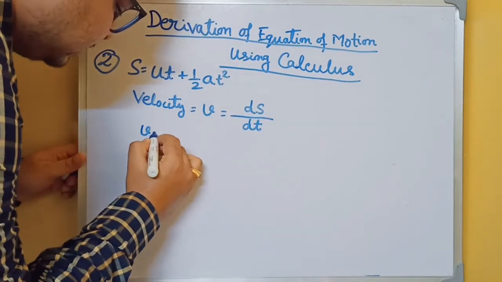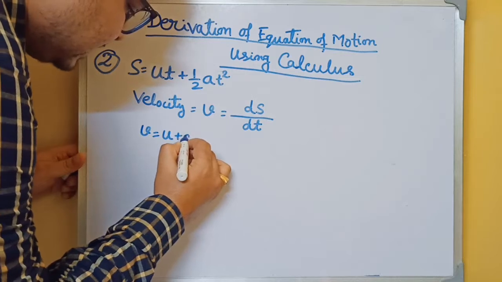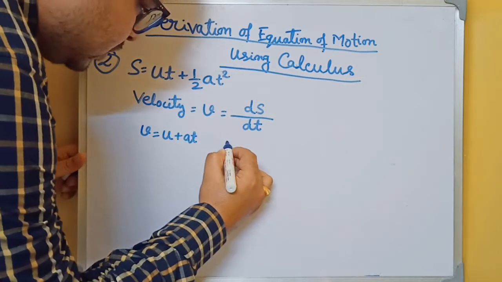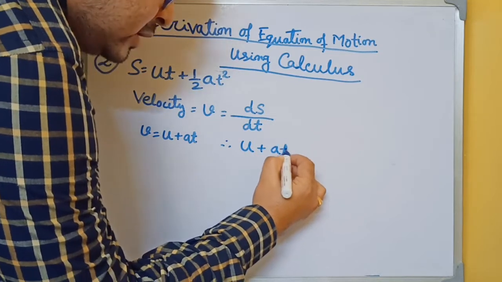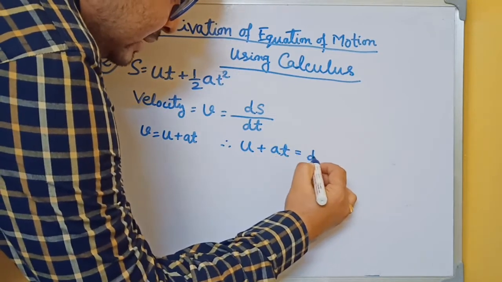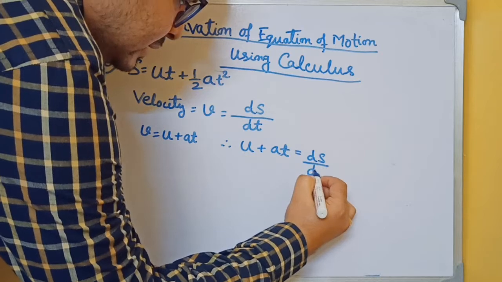Already we know that v is equal to u plus at. Already we proved. So here we can write u plus at is equal to ds by dt.